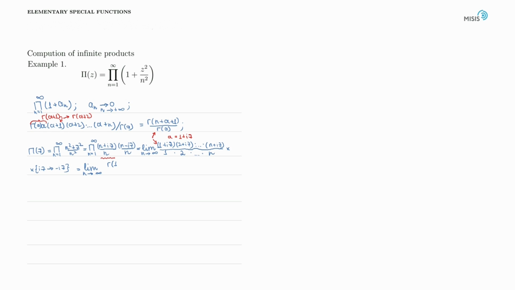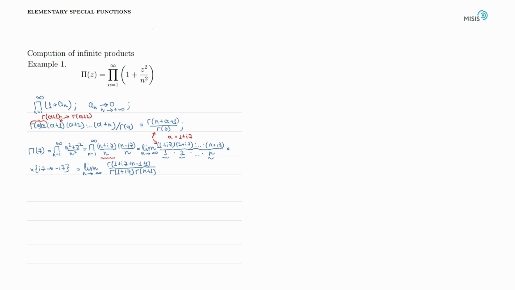But instead of a, we plug in 1 plus iz. Instead of n, we plug in n minus 1 because there are n minus 1 terms, and plus 1, divided by the gamma function of a, which is 1 plus iz. Then there is this factorial 1 times 2 times n, which we will rewrite as gamma function of n plus 1. Okay, so this is the first part of our product.